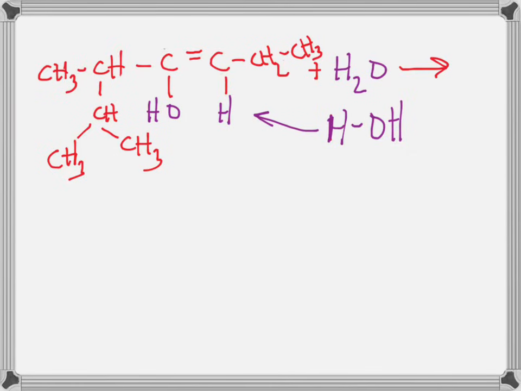Now, if there was enough water around, because now we have an alkene, it could undergo the reaction again. And so we could actually have another molecule of water. I don't know how much space I have, but let's take another molecule of water. And in a second reaction, because there's an alkene still there, I'm having trouble getting that.